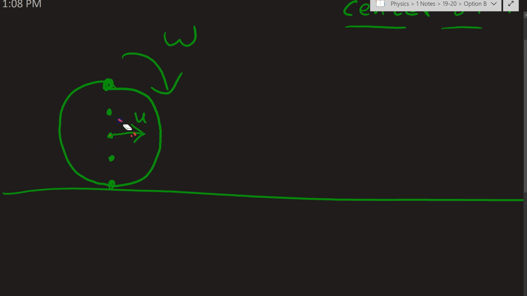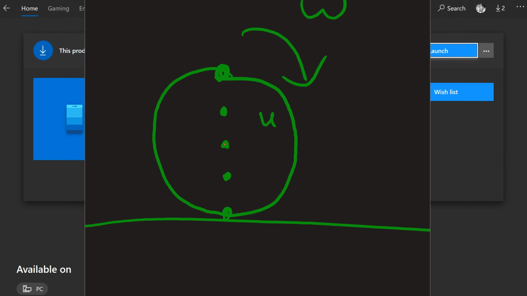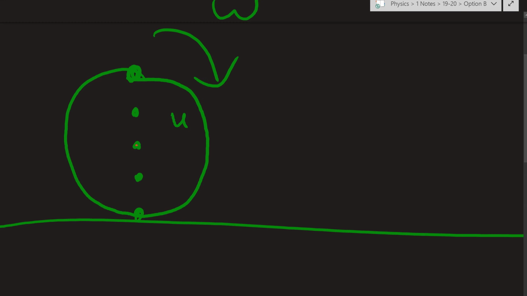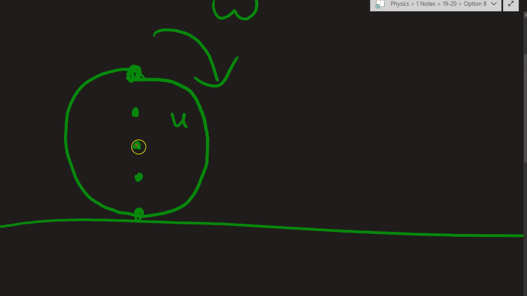So it's the simplest point to draw a velocity for. The other points will have two velocities, and I think I mentioned this in the last video: the translational velocity associated with the whole object moving across the ground, and the rotational velocity associated with each point rotating around the center of mass.